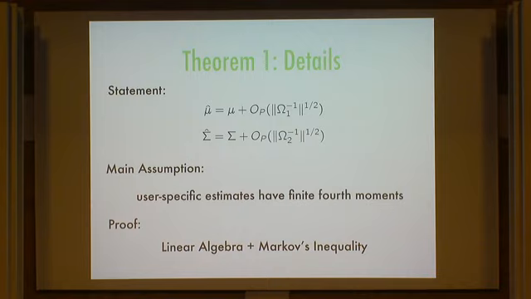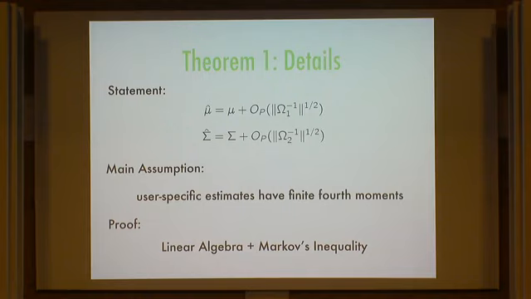You can guarantee that the estimates of mu and sigma have an error that scales with the smallest eigenvalue of the sum of the weights. So basically you need the number of users m to go to infinity, and you also need that in any direction, the amount of information you have in that direction also goes to infinity.